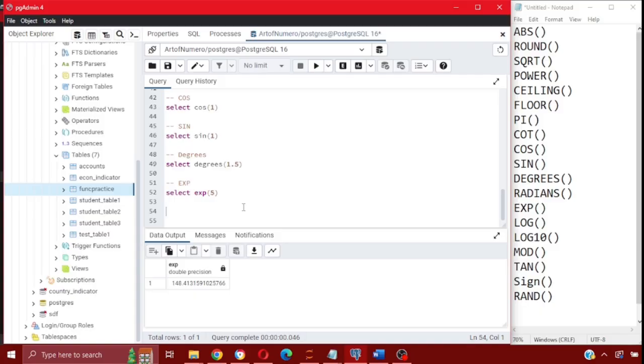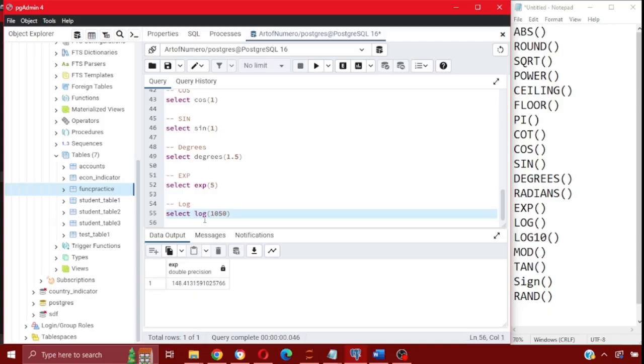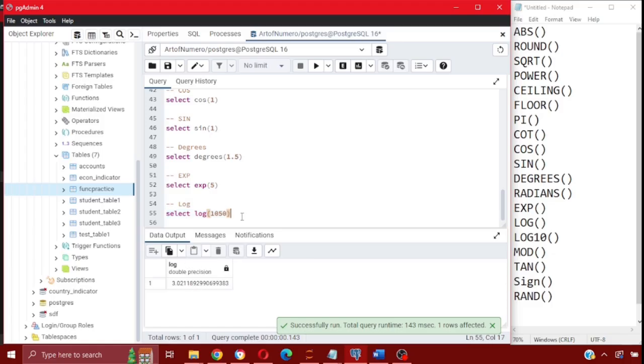If we use it with 1 parameter, let's say, give me the log of, let's say, 1050. I'm just coming up with these random numbers, and we're going to get 3. So that's without passing the second parameter.